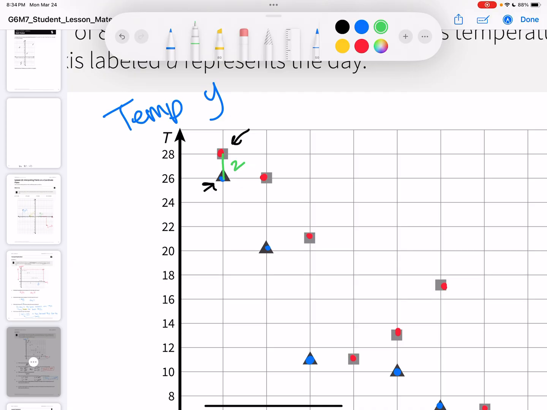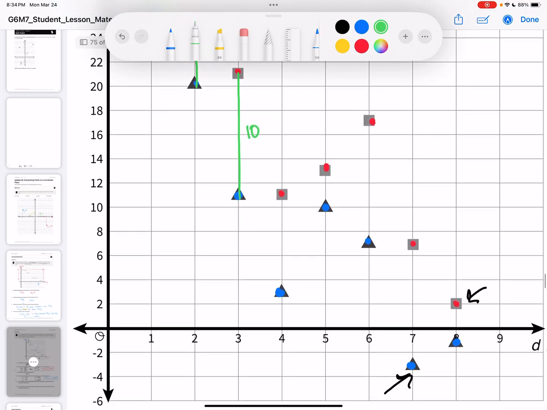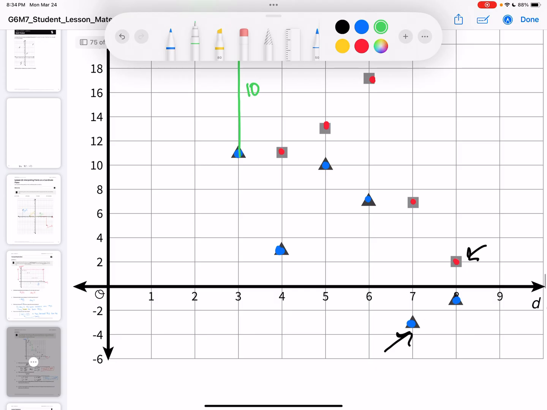This one, we go from 26 to 20, so that's 6 degrees. This one, we go from 21 to 11, so that's 10 degrees. Here we go from 11 to 3, so 11 minus 3 is 8.